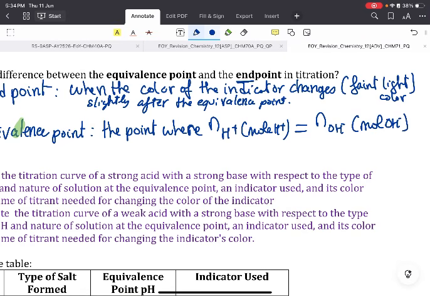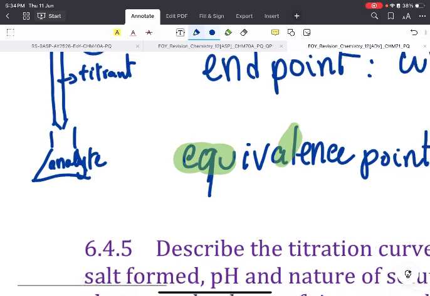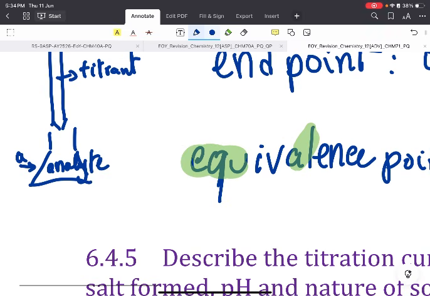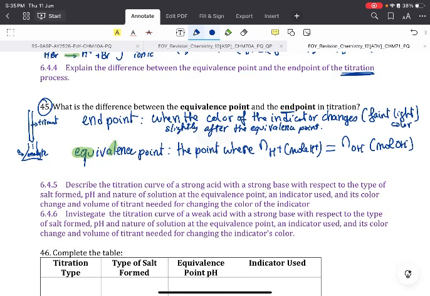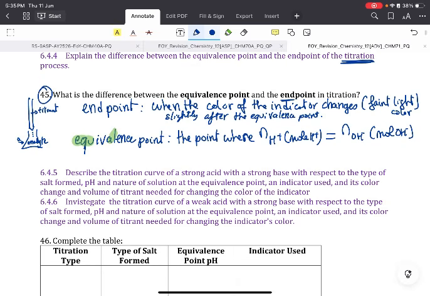So you have an acid down in the conical flask, and you started adding a base. At a certain point, you're going to add base as much as you have acid. So when they are equal, we say that we reached the equivalence point.